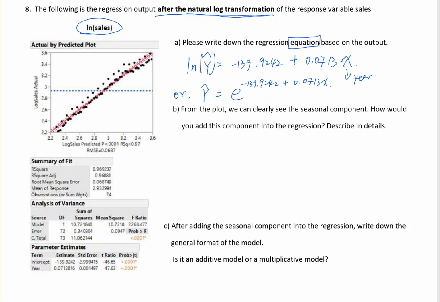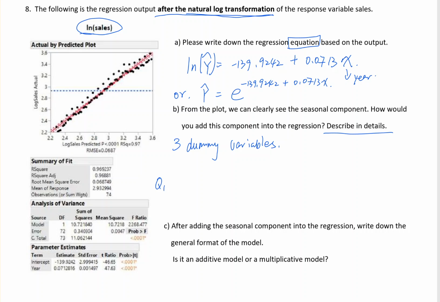To add the seasonal component into the regression, we need to create dummy variables, right? So how many dummy variables do we need? We need 3 of them, because we have 4 seasons in total, but for dummy variables we need to choose 3 of them, right?